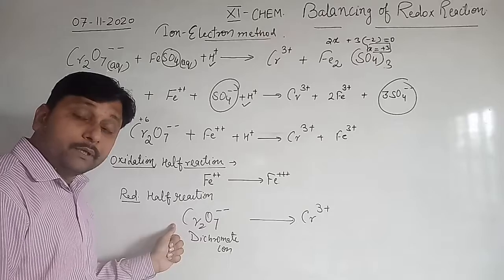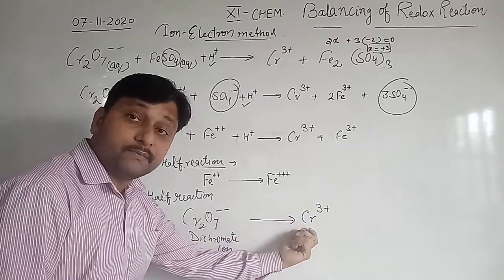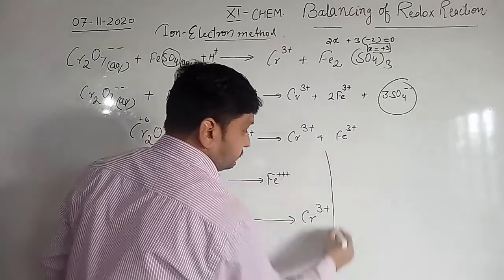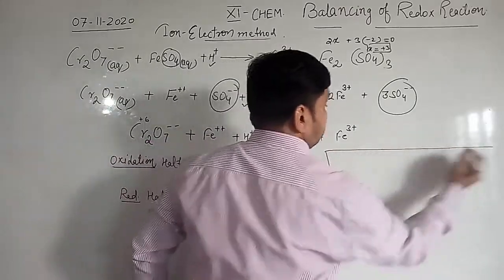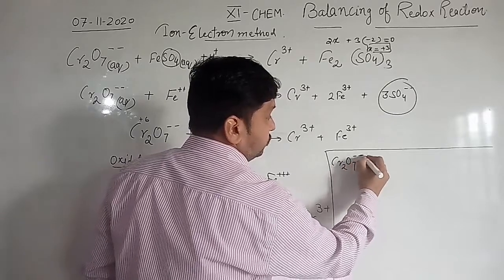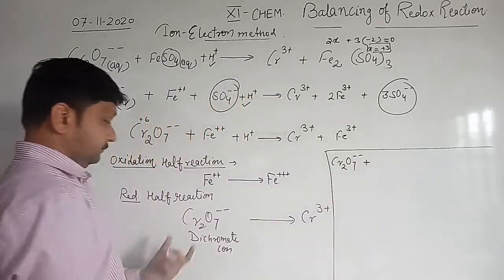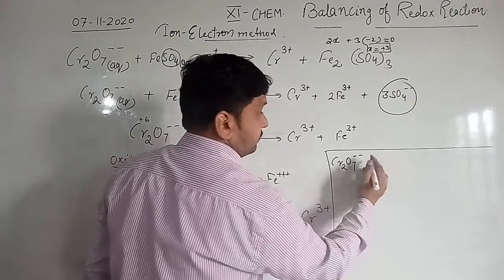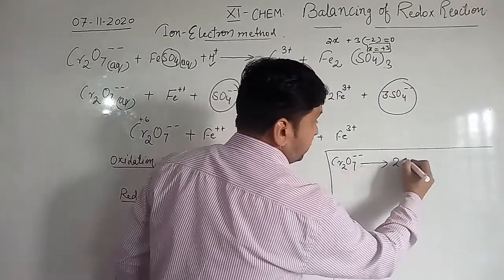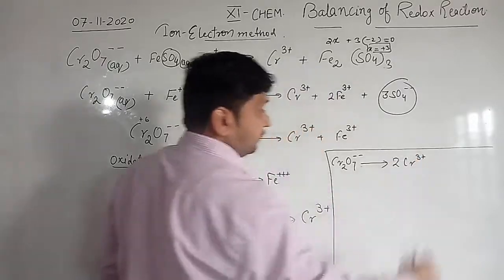This side the number of chromium atoms is 2, and this side the number of chromium is 1. So first of all we write here Cr2O7 2- arrow 2Cr3+.